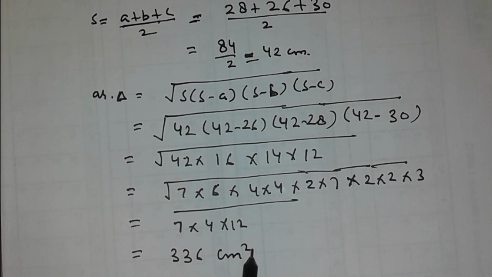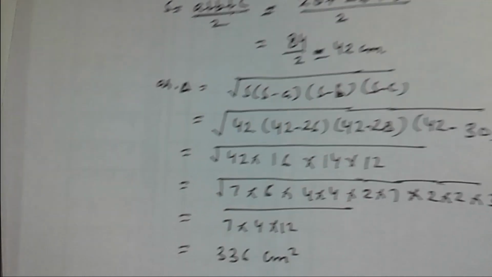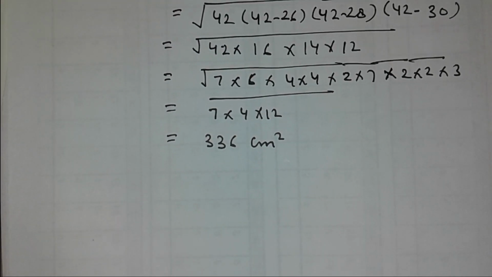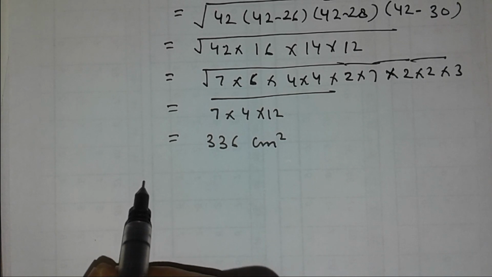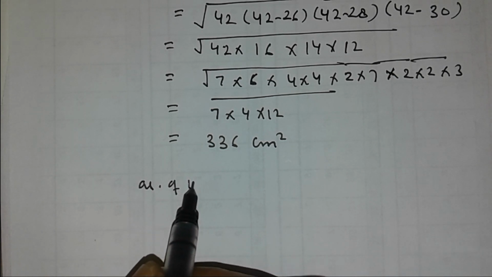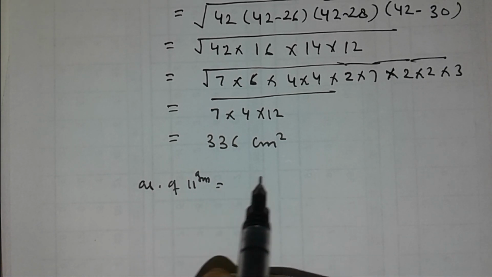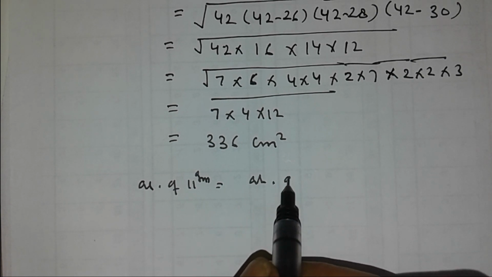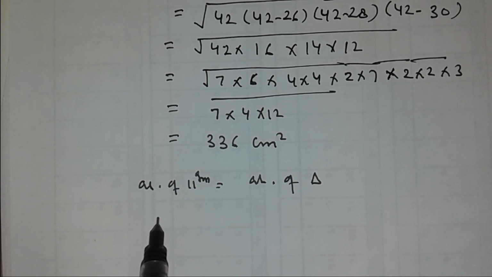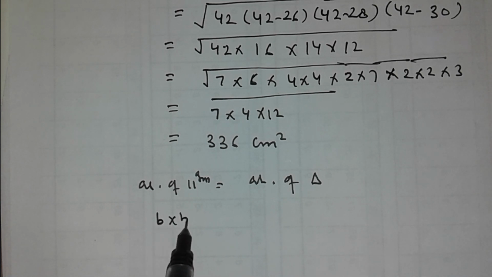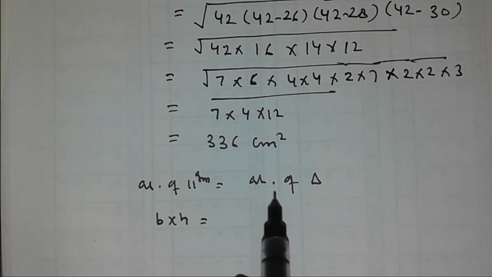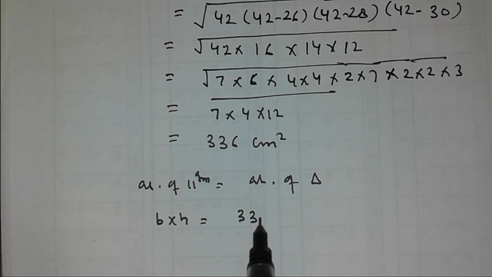centimeter square. Okay. Now it is given that area of parallelogram is equal to area of triangle. So area of parallelogram is equal to area of triangle. So it is area of triangle, base into height, and we have already got 336, but base is given here.